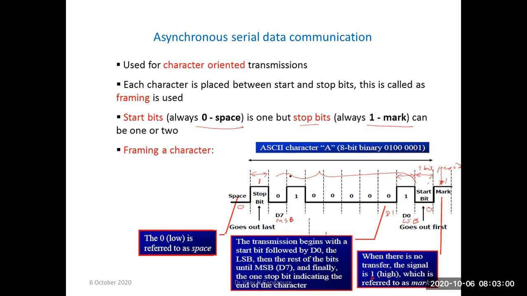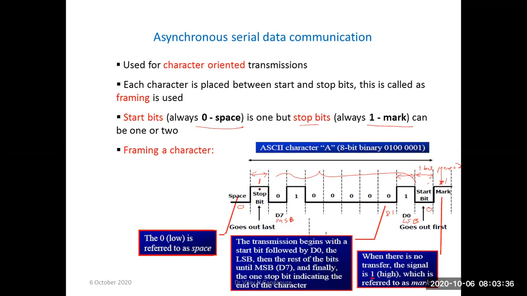In this way framing is done, so that at the receiving end, that byte or character will be received satisfactorily, because the receiver will understand that when it gets signal 0, it should expect a byte or character data. Then it will get that data, and after that, if the ninth bit is 1, it understands that one character or 1 byte of data is received.